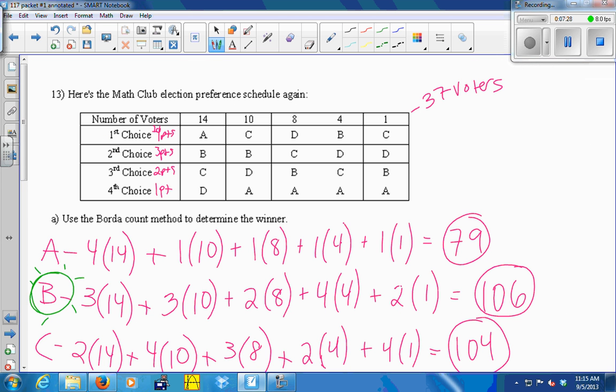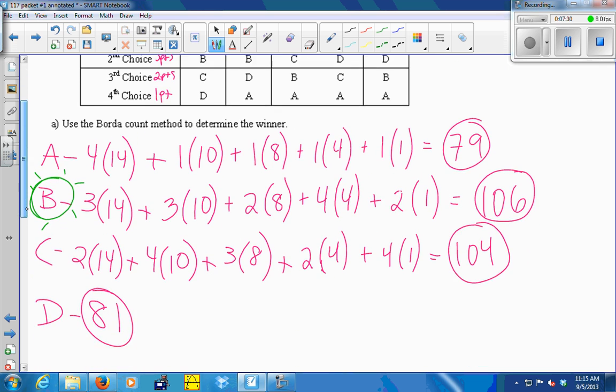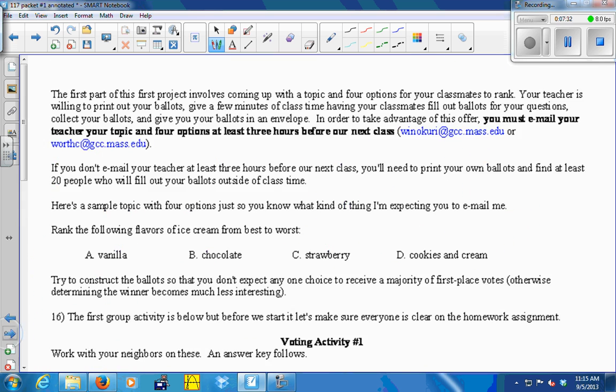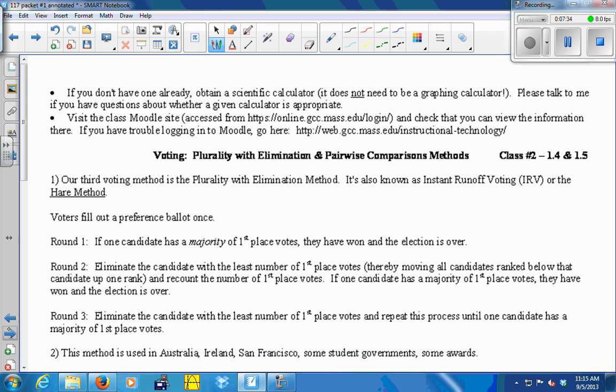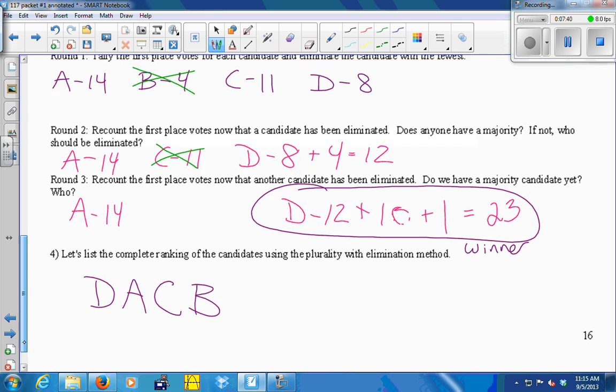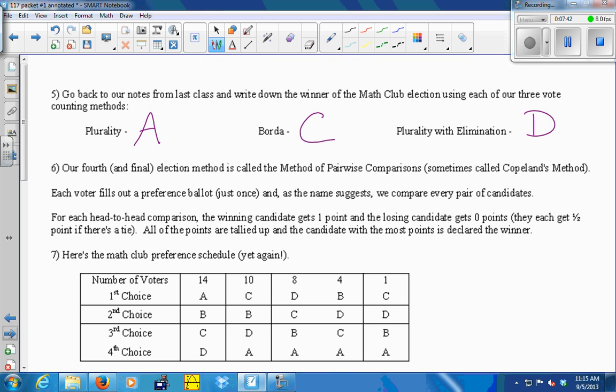Let's see here. Oh, it was B. It was B with 106 points. So far, 1 election, 3 different methods, 3 different winners.